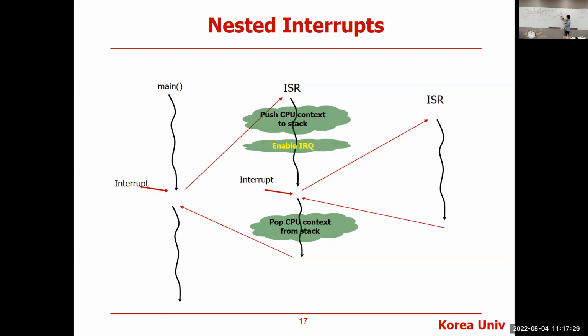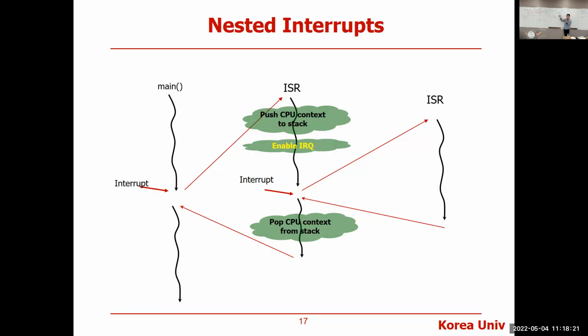So the ISR and another ISR. Let's say this one is the keyboard ISR, and this one is the ISR for the mouse. And the tradition is, when an interrupt is generated and you make this transition, the CPSR I bit will be set to 1 by hardware.